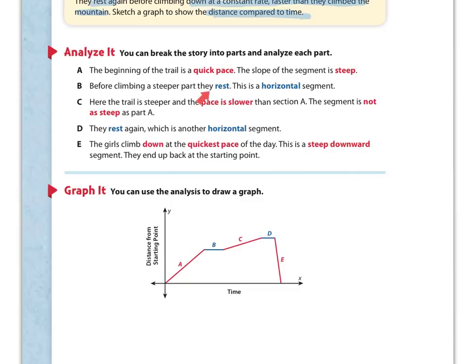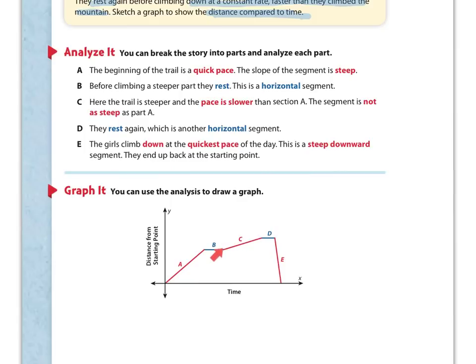It makes sense. Again, you're not going to be rushing up if you're already a little bit up from the first part. And now they're going to rest in part B, and that's why you see that it's a different color. This is the blue segment. And then if you're climbing something steeper, it's going to require more force. It's going to require more dedication. You're going to do it slower.